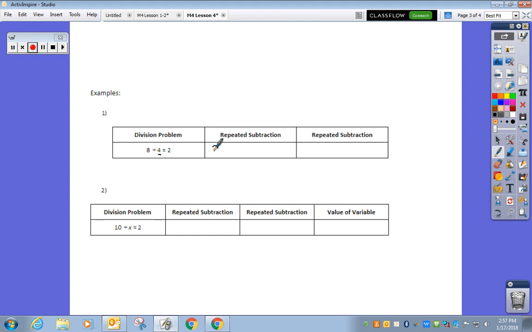So if I do 8 minus 4, I get 4. And if I do 4 minus 4, I get 0. So notice I have repeatedly subtracted 4 twice from 8. So 8 divided by 4 is 2.